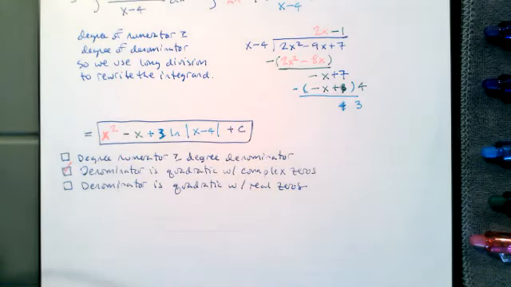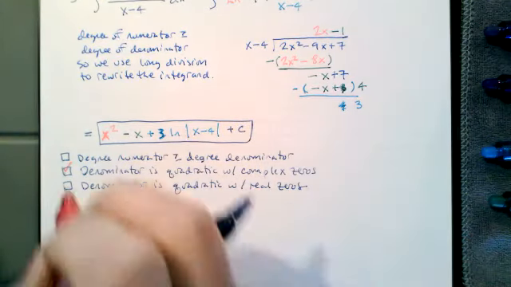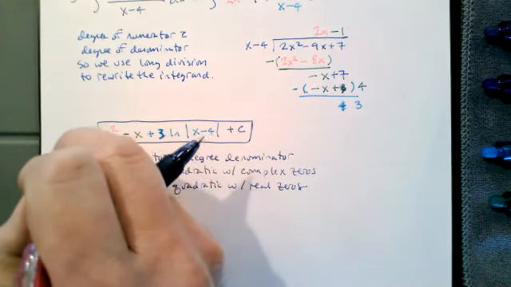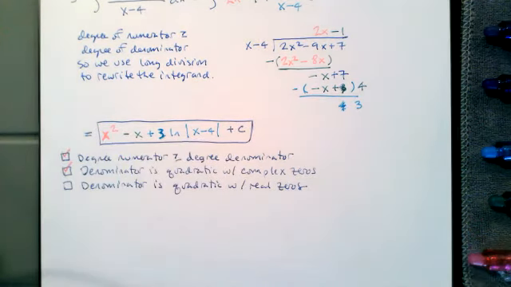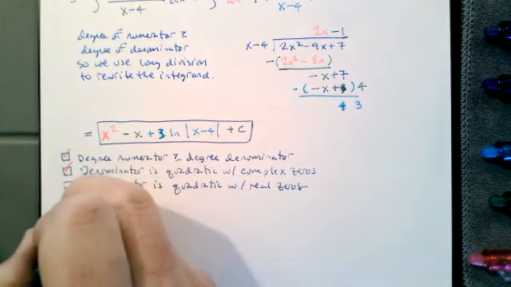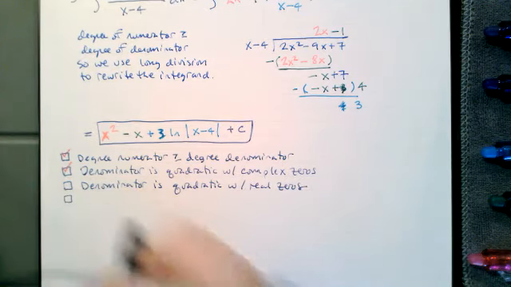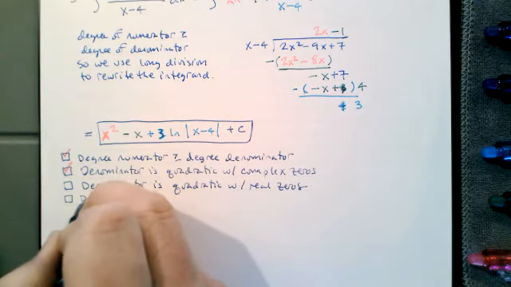So we took care of that case. We took care of the case where the denominator is quadratic with complex zeros. Now we have to move on to the denominator is quadratic with real zeros, and then we'll look at the denominator is degree strictly greater than 2, because these last two really are kind of the same thing.